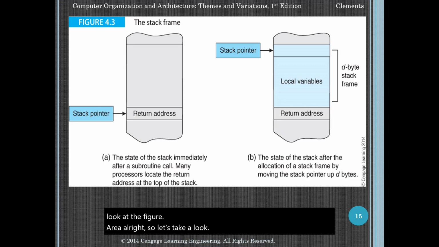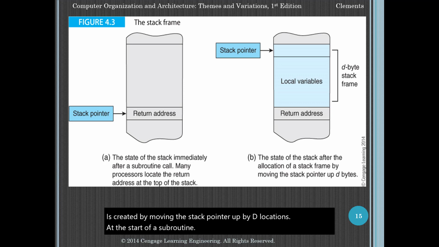Right here, this shows us that the D byte stack frame is created by moving the stack pointer up by D locations at the start of a subroutine.